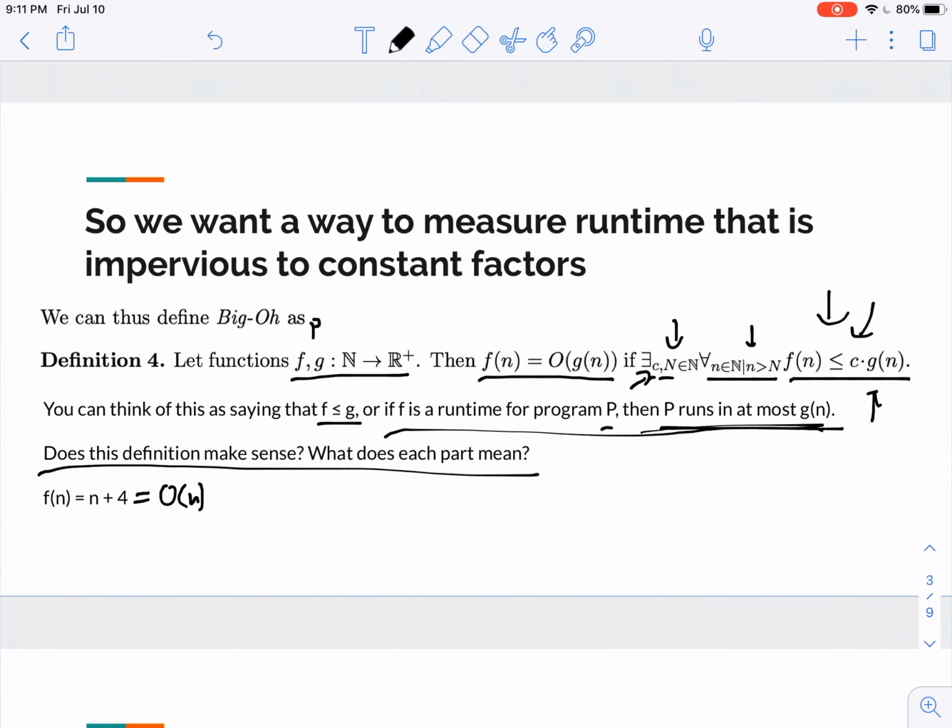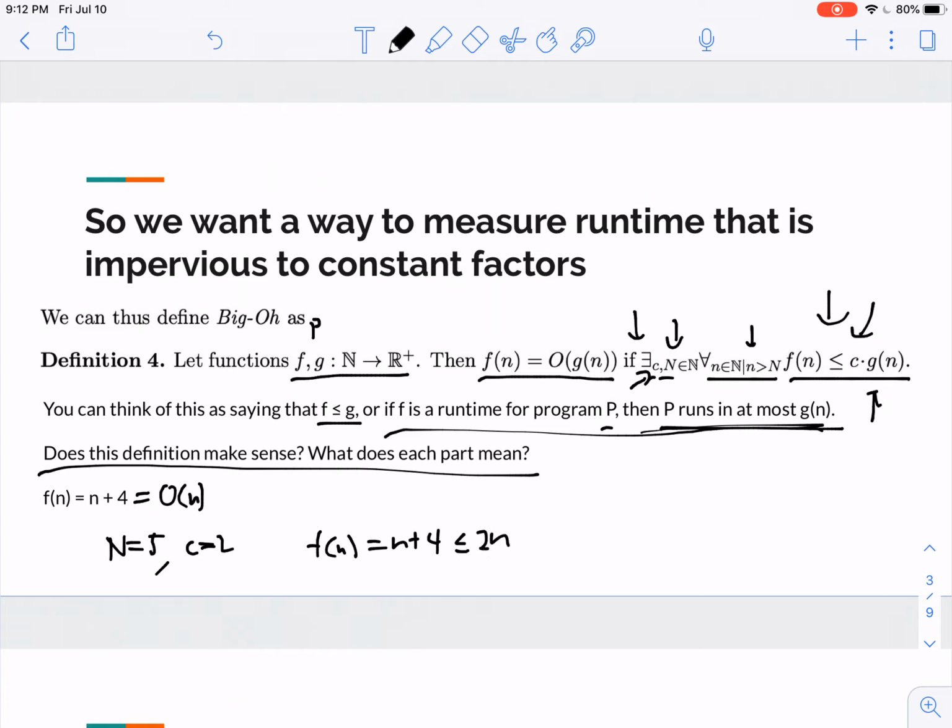So first, just to make it a little bit easier, I'm going to choose big N equal to 5. And then I'm going to choose C equal to 2, right? Because we're proving the existence statement, so we get to pick C and N. And now we have to prove that for all little n greater than big N, f of n is less than or equal to C times g of n. So f of n is equal to n plus 4, and I claim that that's less than or equal to 2n.